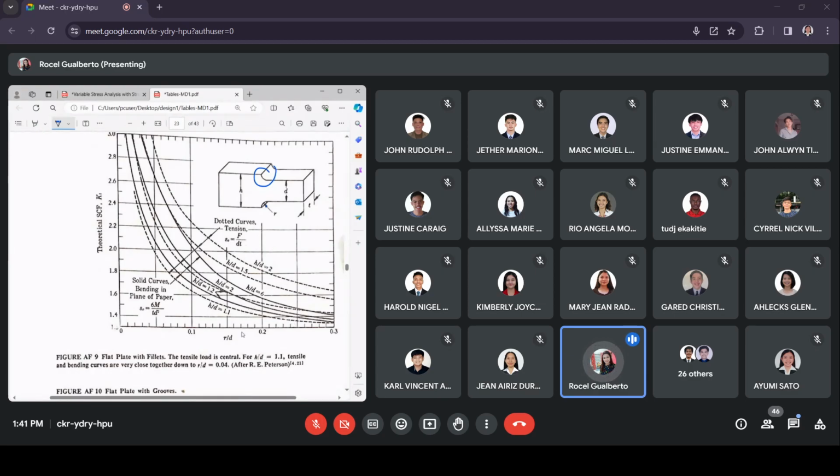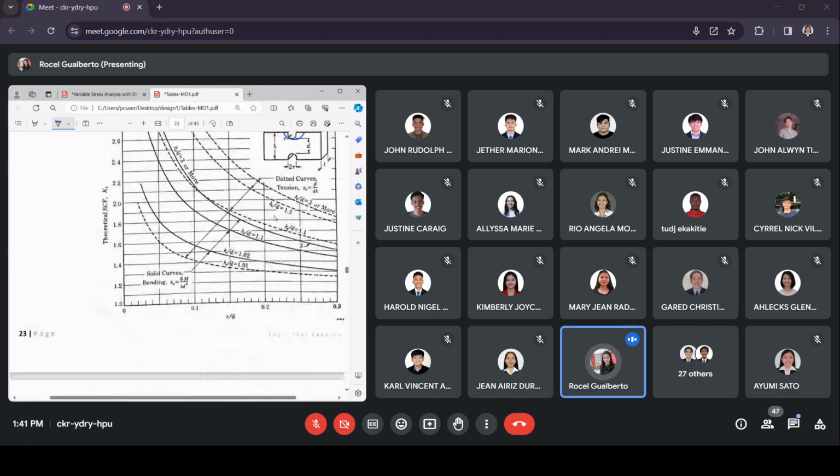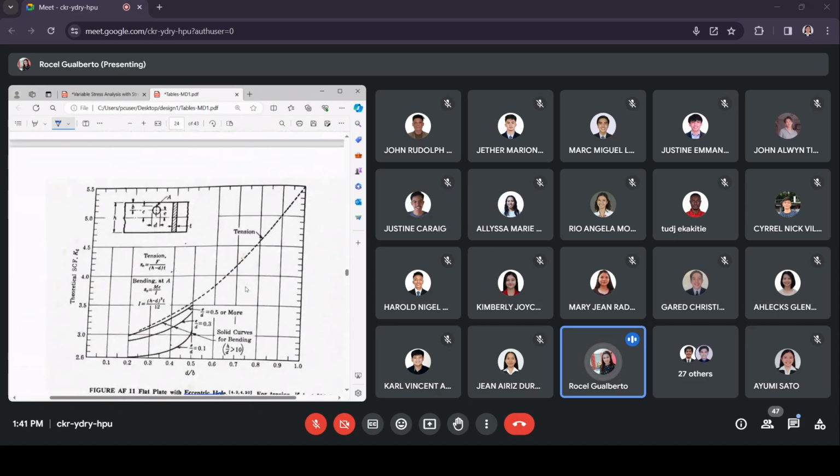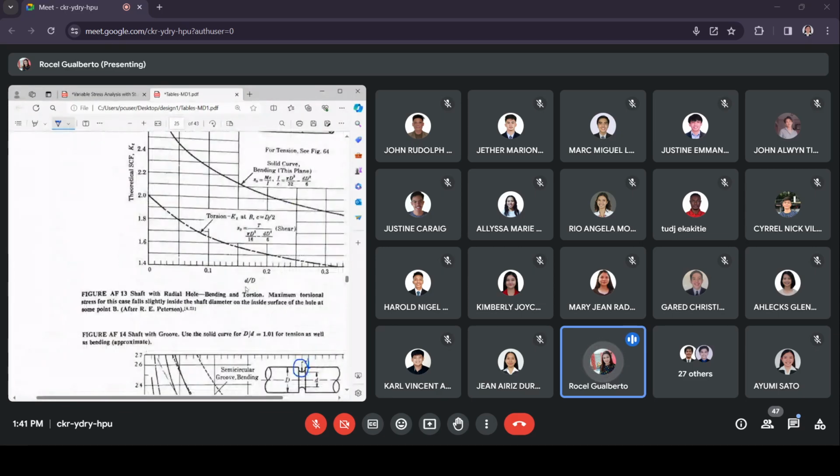So here, you would observe that almost all of these figures have a ratio on the x-axis that contains the dimension. Say for example, this one is the diameter. Say for example, you have here the circular, or the shaft. So that involves the diameter of the shaft, which is the unknown.